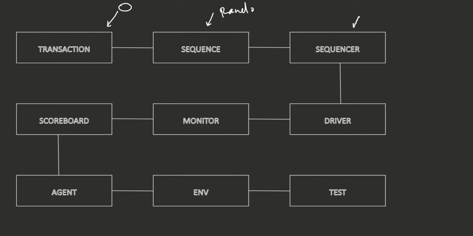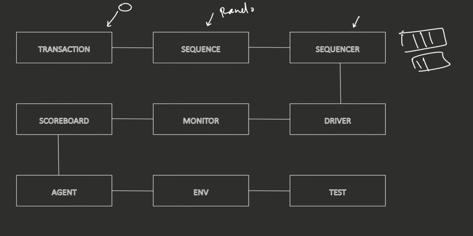Now here we have the sequencer. The role of your sequencer is that it acts like a mediator between your sequence and driver. Your sequence will generate some transactions, and the role of your sequencer is to pass them to the driver. In the sequencer you have two FIFOs, the request FIFO and the response FIFO. Whenever the driver initiates a request, it will check the FIFO of that sequencer.